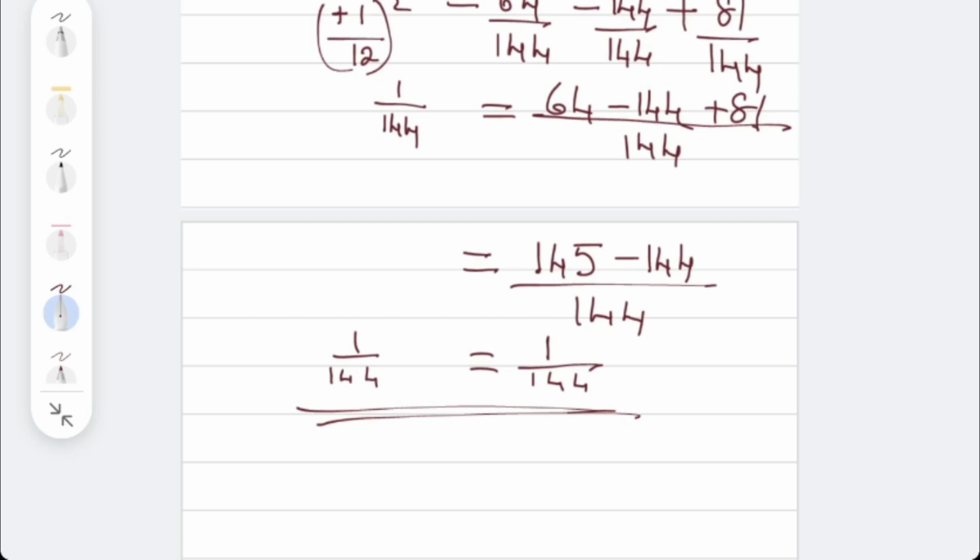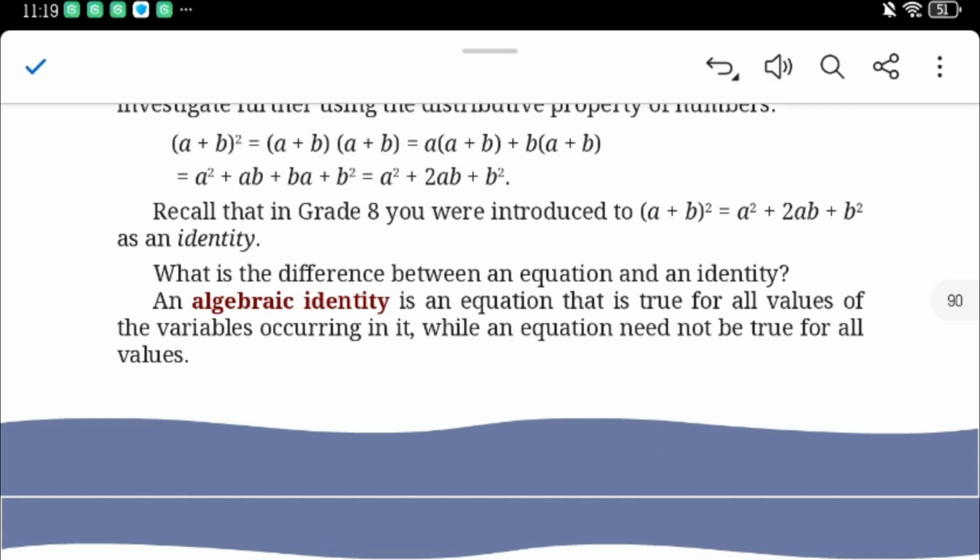Before that, there is nothing much here. There is only the difference between an equation and an identity. It just says identity is the same, it has the same value. An algebraic identity is an equation that is true for all values.